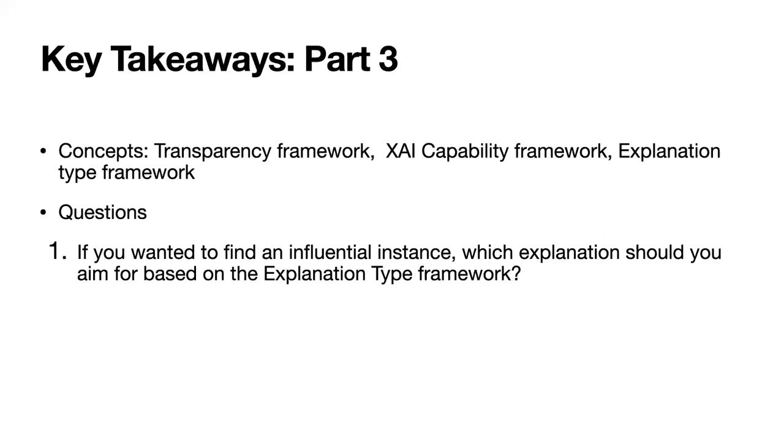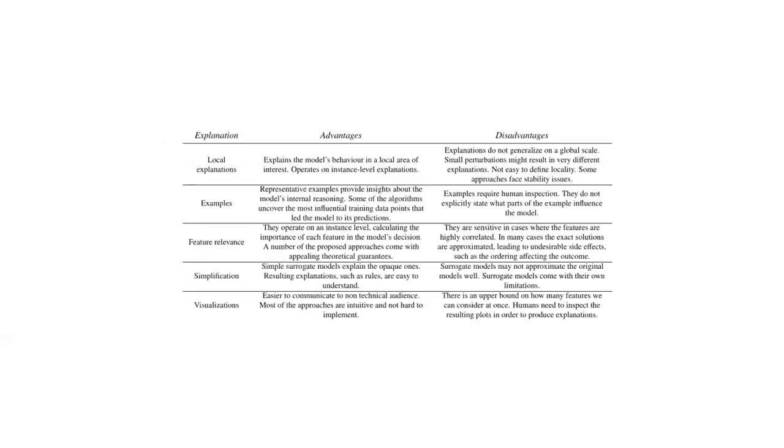Let's look at this first question just to refresh our memory. If you wanted to find an influential instance, what type of explanation should you aim for in the explanation type? If you look at this and think about it, it's clear that it should potentially be the example type, right? Because an influential instance is an instance that's telling you what the model's decision boundary looks like.